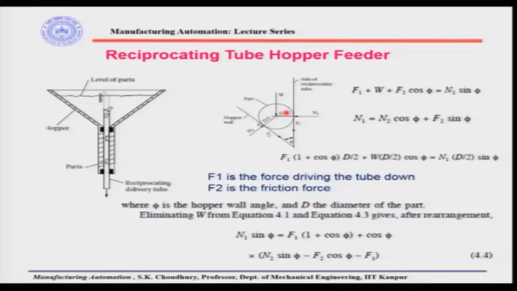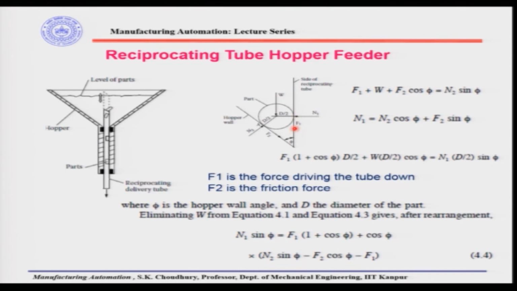So, let us see in this line diagram, we have the normal force here N1, okay. We have the normal force here as N2, which is being imparted on the part from the hopper wall, okay, because of the weight of the part itself, and this is from the side of the reciprocating tube. Now, F1 is the force which is required to drive the reciprocating tube.